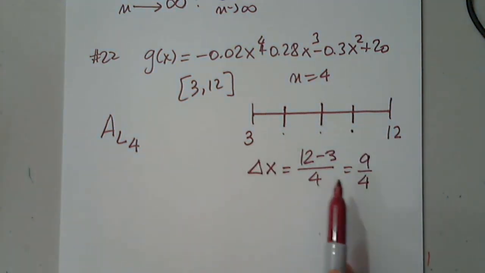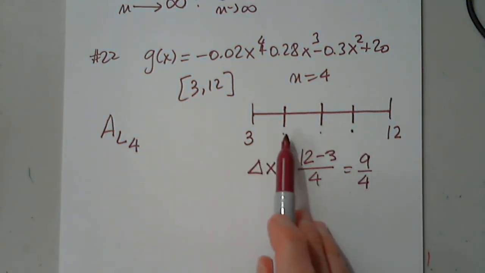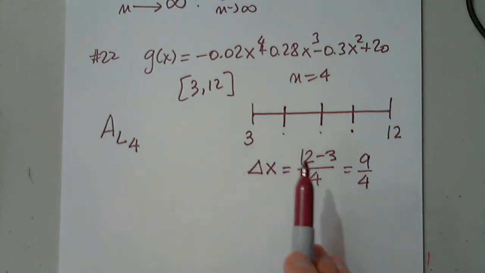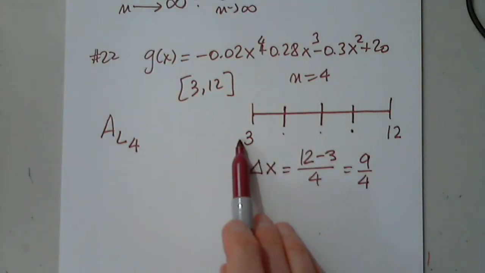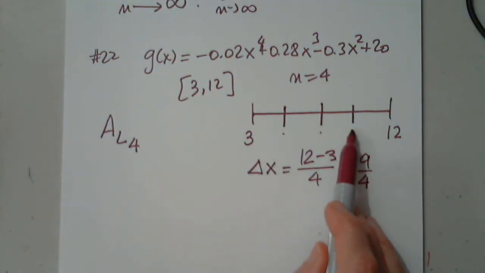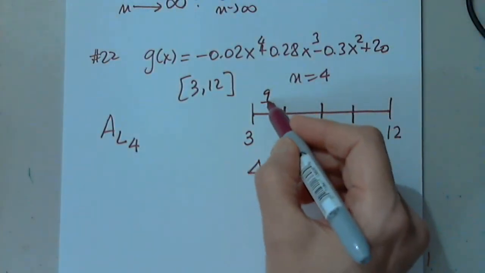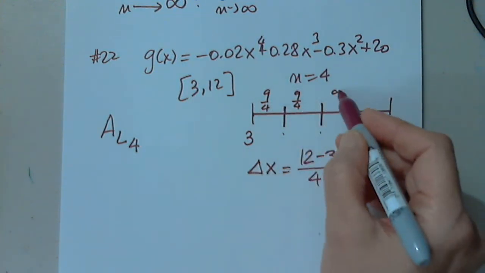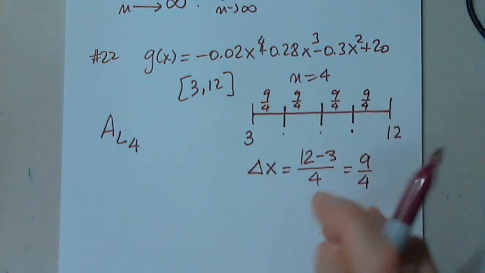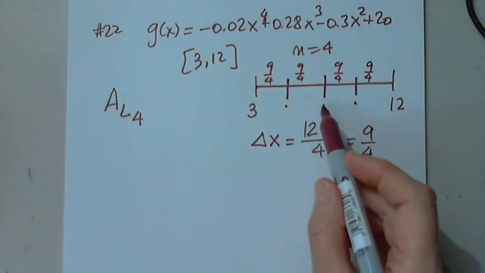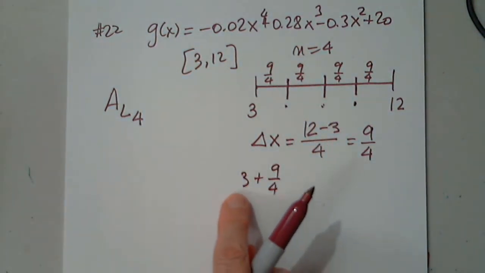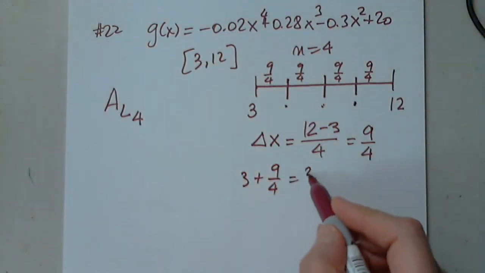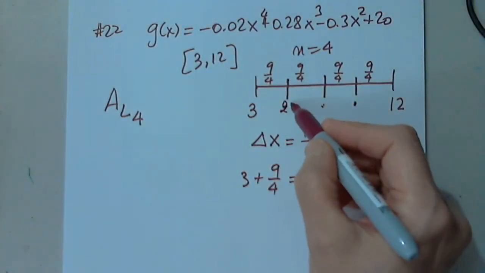So 3 plus 9/4 is this. 3 plus twice 9/4 is this. 3 plus 3 times 9/4 is this. Because this is 9/4, this is 9/4, this is 9/4, and this is 9/4. So we have to find these values. 3 plus 9/4 is 21/4.